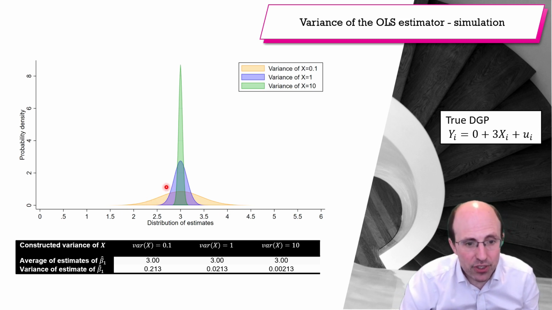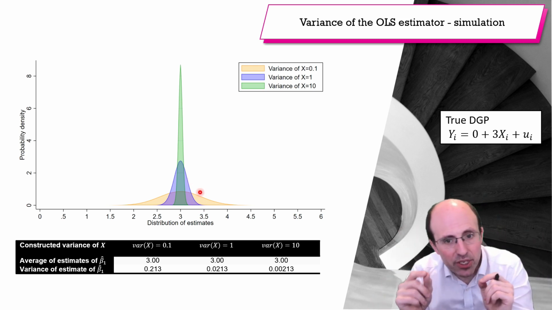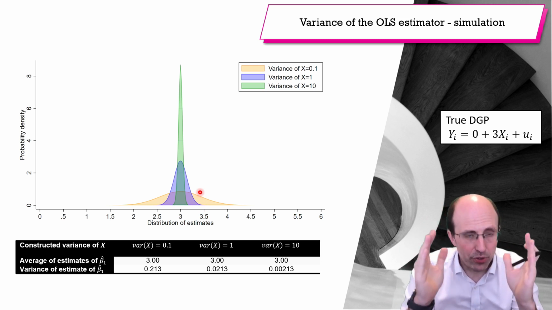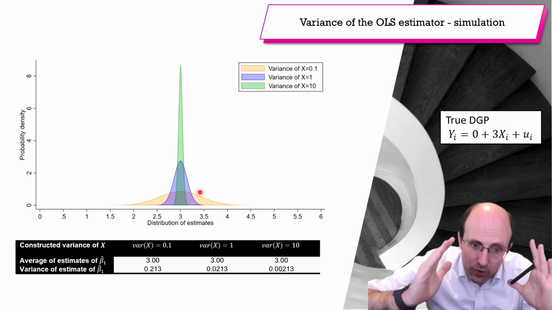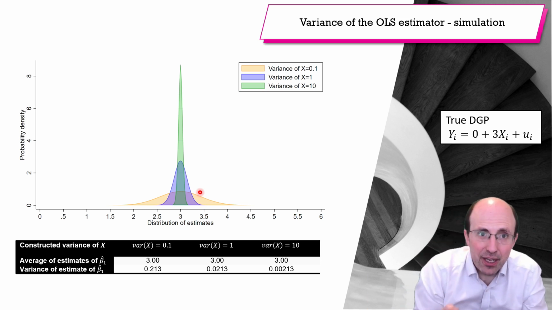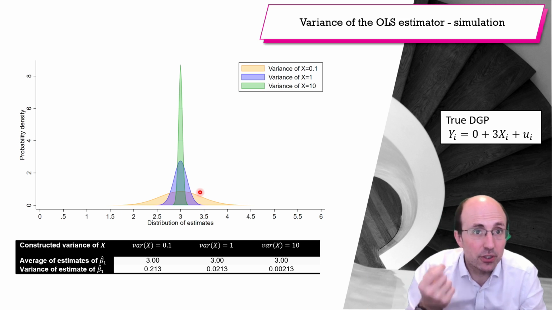When we increase the variance with the blue curve, that's giving us less variability in our beta 1 hats. When we increase the variance again to the variance being 10 with the green curve, we're decreasing the variance again. As the variability in that x increases, the variability in our estimates goes down.